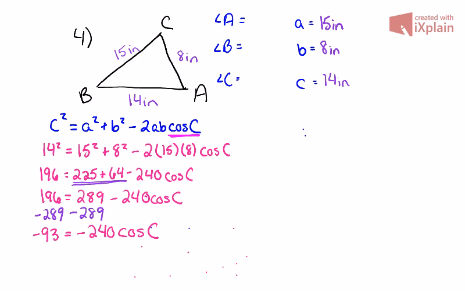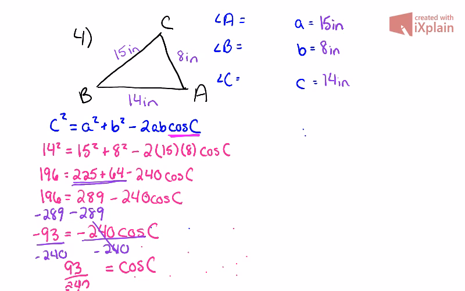And then I need to divide by negative 240 on both sides, which will divide out the 240s on the right. And I will be left with the cosine of C is equal to 93 over 240. Since I have a negative over a negative, that will give me a positive. And again, I'm looking for an angle, so I'm trying to undo cosine.